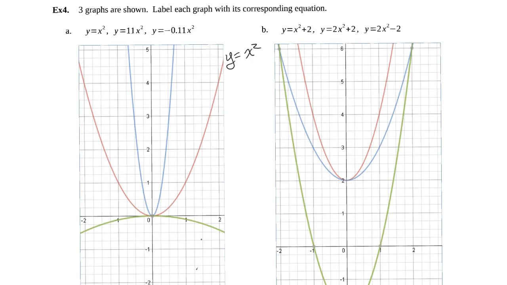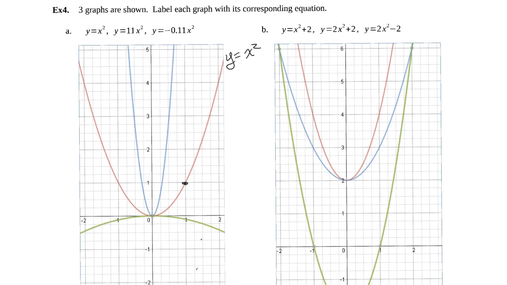It's because its first point is 1, 1. Now, these other 2 equations, y is equal to 11x squared and 0.11x squared, you'd have to check. So y is equal to 11x squared has to be skinny, and it opens up because it's a positive value in front of x squared. So there's only 2 choices we have, either the blue or the green.